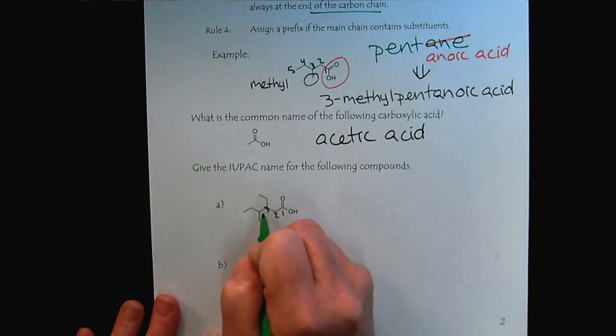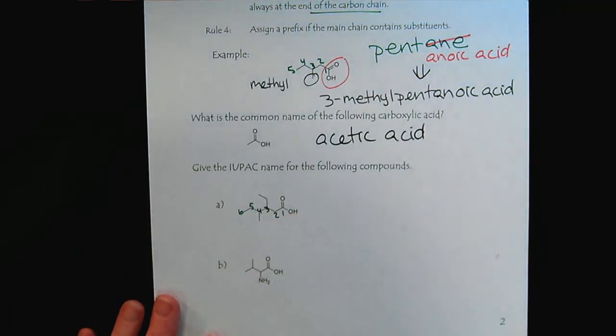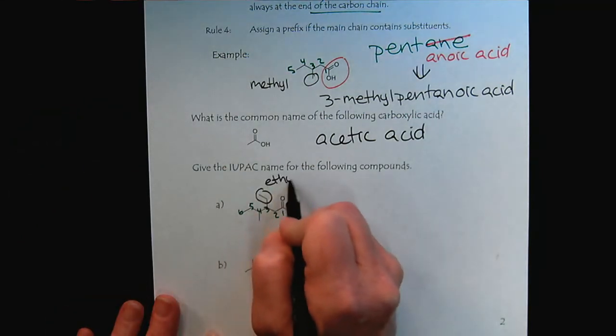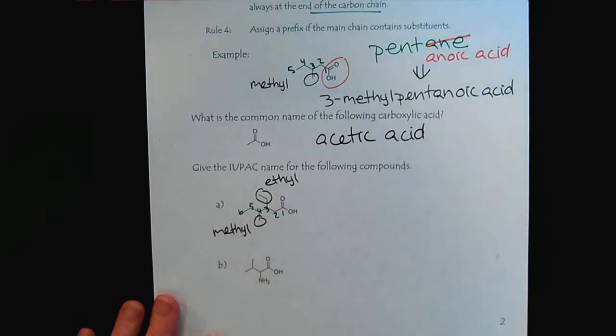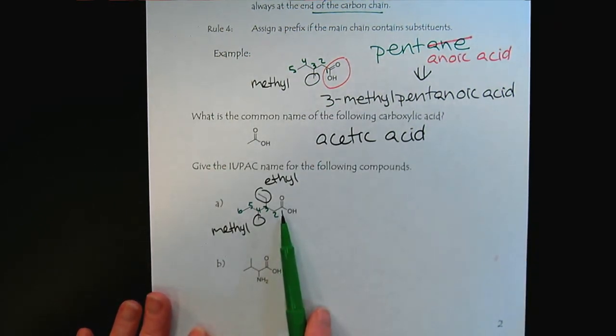Alrighty, so we find our longest continuous carbon chain, and then we notice that we have 2 branches, ethyl and methyl. Alright, so we number the chain to give the carboxylic acid the lowest possible number, and we always cite our substituents alphabetically.